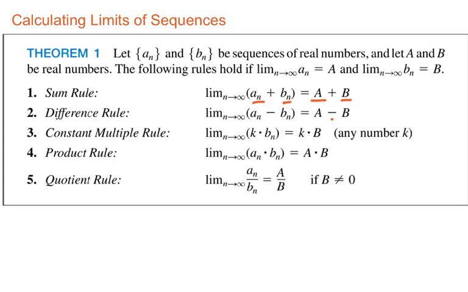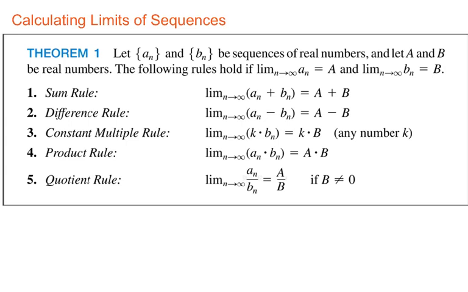We can subtract the values if it's a difference. If it's a constant multiple, that k can come out in front. The limit of a product is the product of the limits, and the same for the quotient as long as the denominator value doesn't equal 0. These should make sense; we're just finding the limits of sequences.